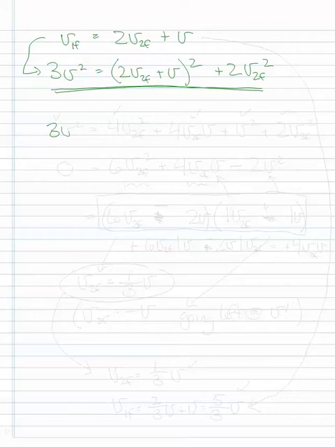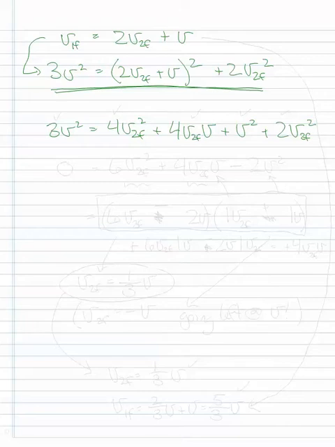So I'm going to get 3v squared, and I just do first, outer, inner, last, so 4v2f squared plus 2 of them, so 4v2f v plus v squared, plus 2v2f squared.